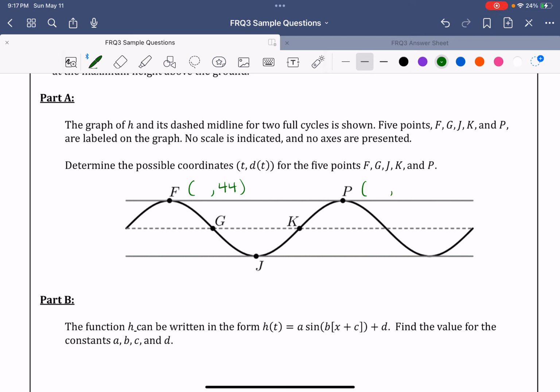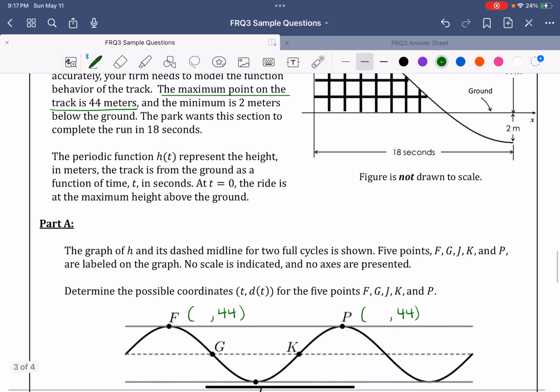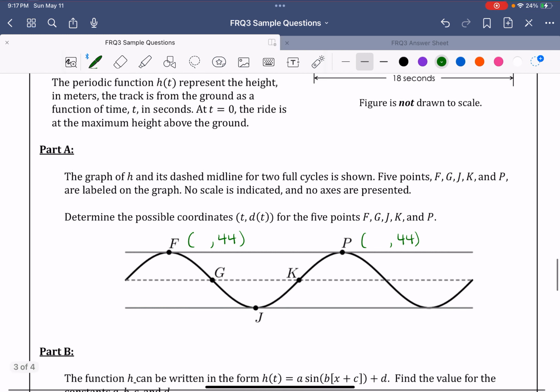So I'm kind of leaving the X blank, but I know the Y value needs to be 44. Okay, then it says it has a minimum of 2 meters below the ground. So the only minimum I see is J. I don't know the X value yet, but I know that the Y needs to be -2 because it is below the ground.